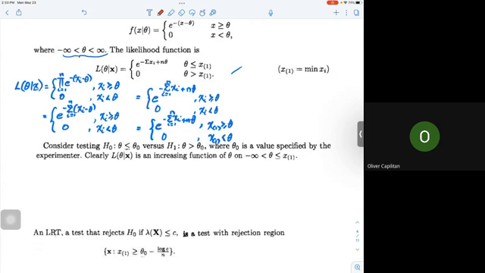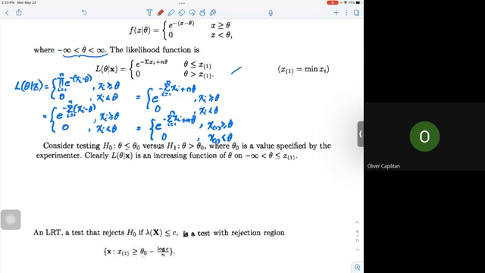function. But let us try to look at the graph of our likelihood function, and we can see that the likelihood function is actually an increasing function of theta on this interval, negative infinity up to the minimum order statistic.